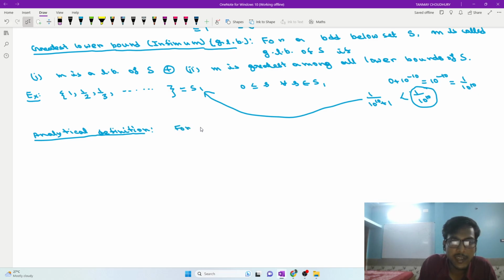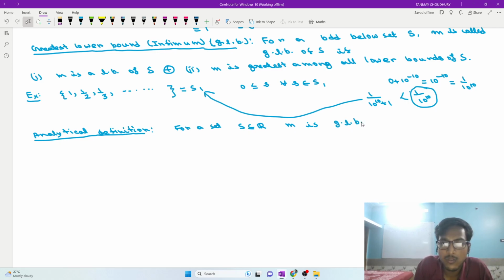For a set S, a subset of R, small m is the greatest lower bound, or we also call it infimum, of S if the first condition is that m has to be a lower bound.